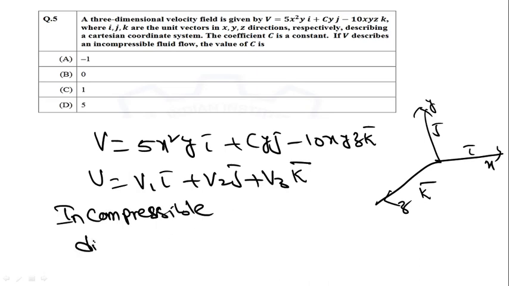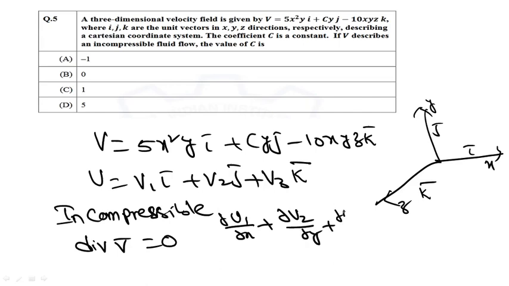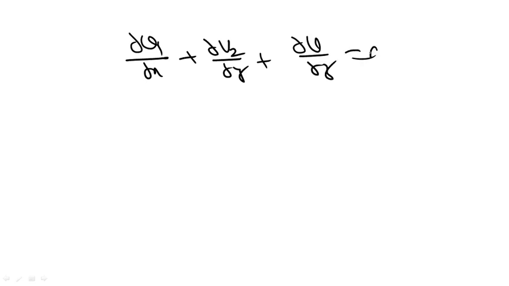div V bar equal to 0. So what is meant by div V bar? Div V bar is nothing but dou V1 by dou x plus dou V2 by dou y plus dou V3 by dou z equal to 0. That is about div.